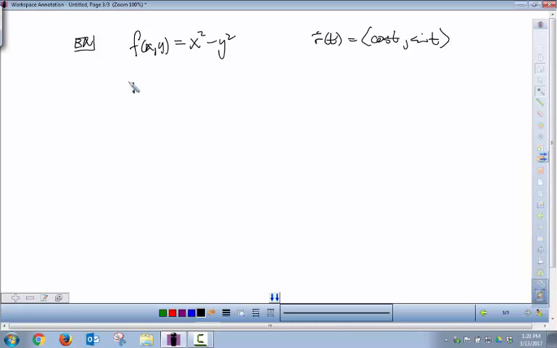So our capital R of t is equal to cosine of t, sine of t. And then here in this particular example, it's easy enough to plug those in there. But I'm going to keep it like this, f of r of t.